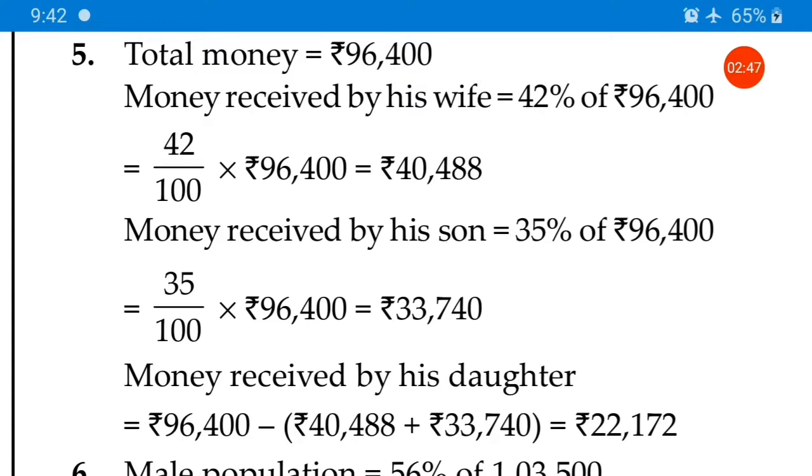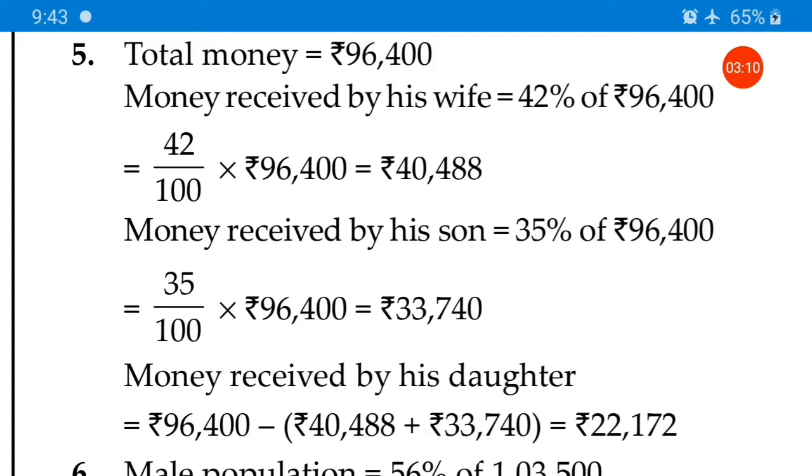Now simple calculation, how much money received by his daughter. So here the sum of 40,488 plus 33,740. That will be addition, and the total amount will be subtracted.